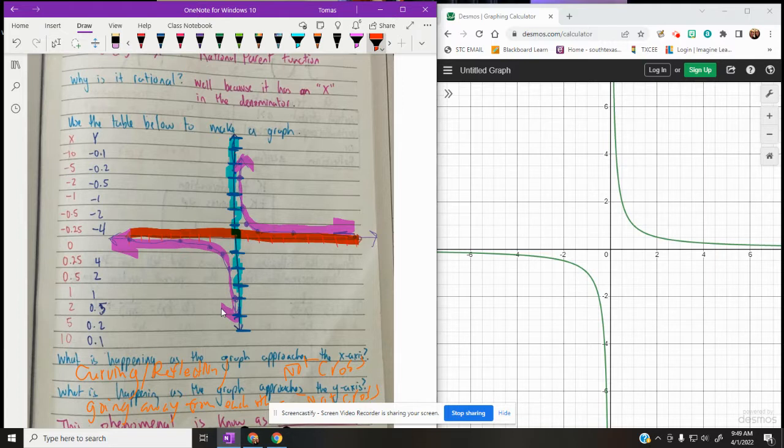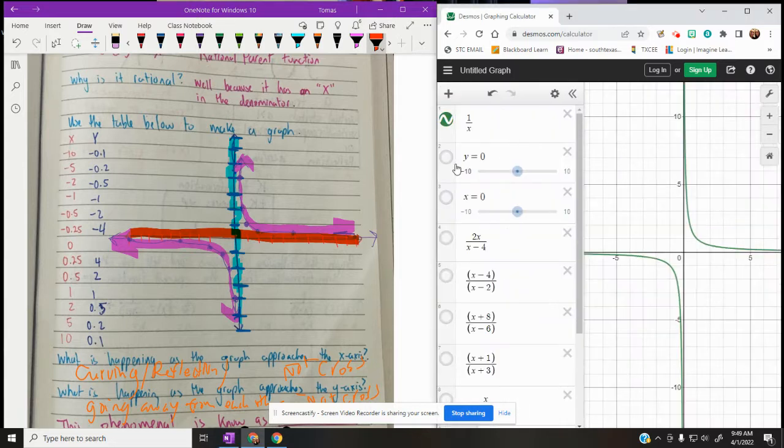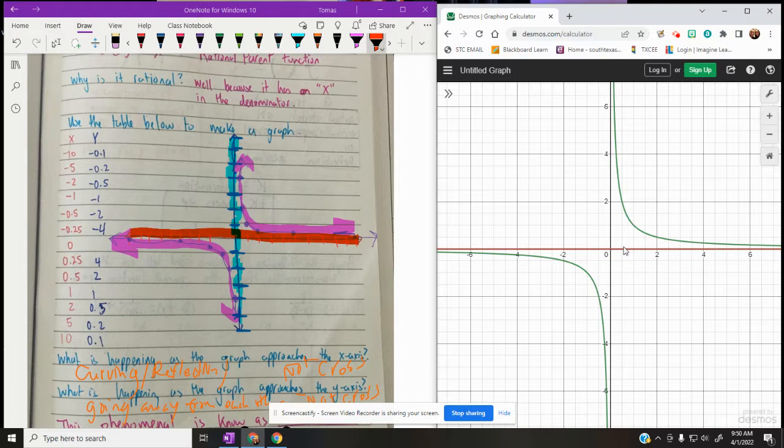Okay. So I know my graph here drawn is not that great. So I'm going to do it over here on this graph on Desmos, right? So I have the parent function right here. And notice when I have y equals 0, right, we get our horizontal asymptote.